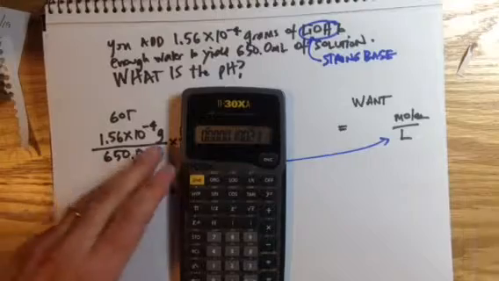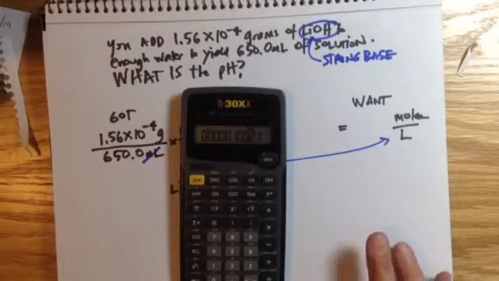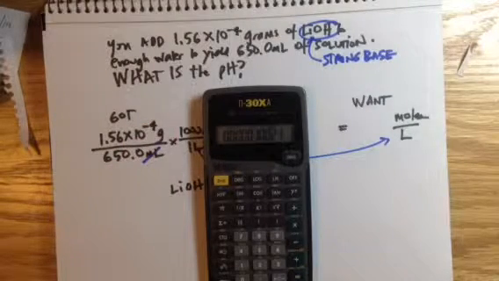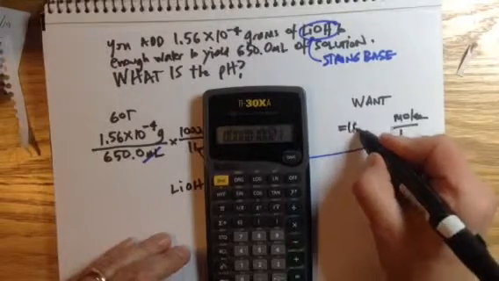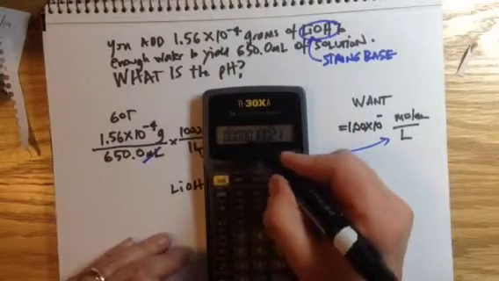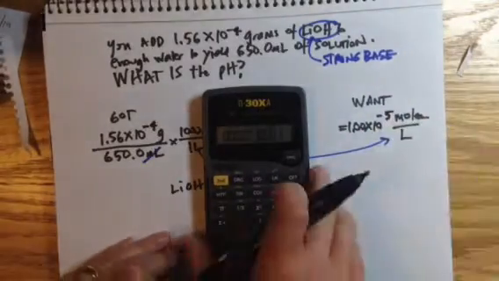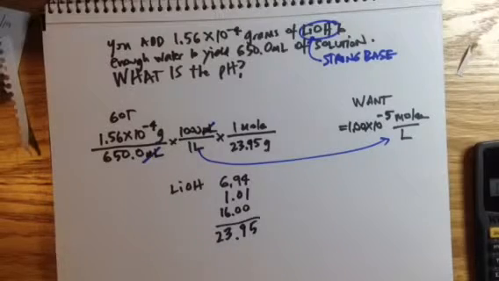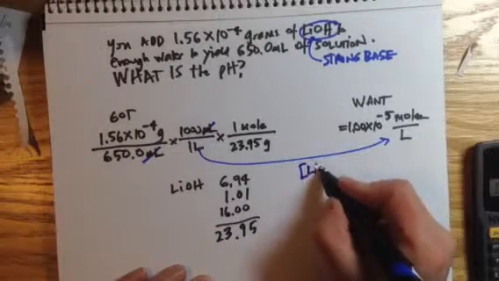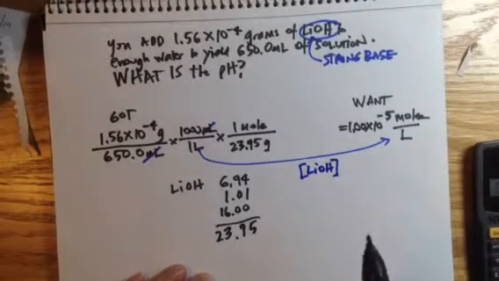And if I take that number and put it into scientific notation, I don't know if you can see it very clearly, it's going to be 1.00 times 10 to the minus 5 moles per liter. So that number that we just calculated is the concentration of lithium hydroxide that we added.